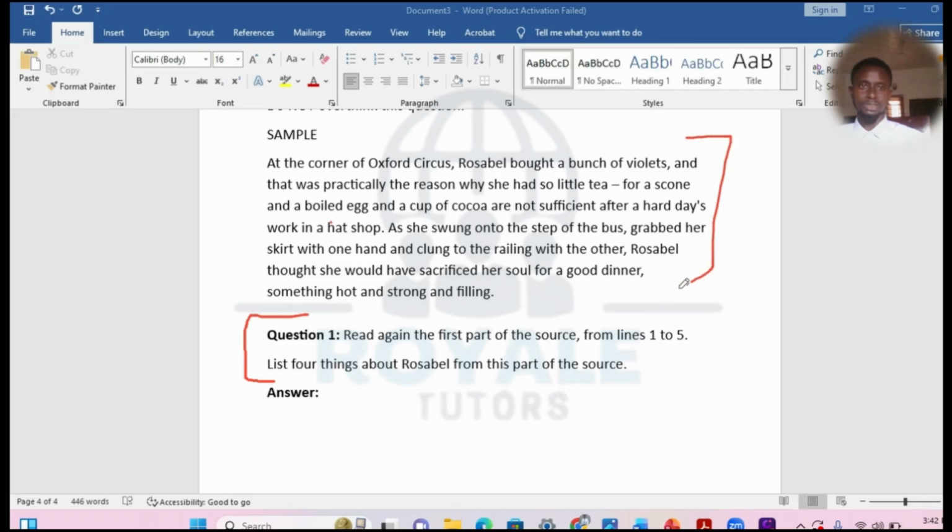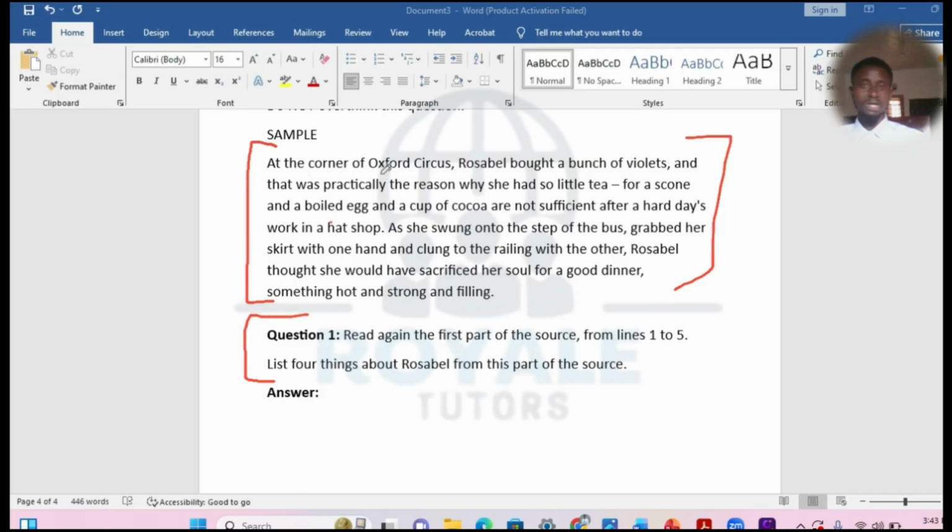We have to focus on Rosabel, not the environment, not the weather, but the character, Rosabel. We have to list 4 things. So you can pause the video and see if you can actually write out 4 things about Rosabel. But then let us read and select a few things about Rosabel.